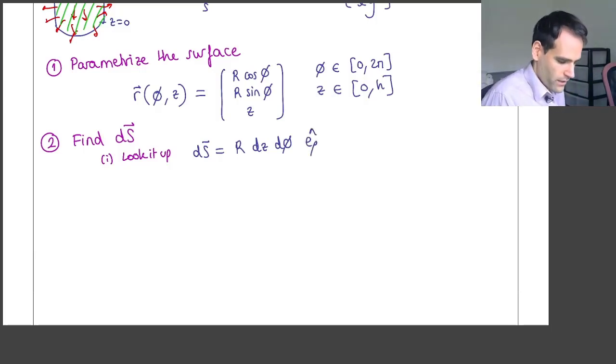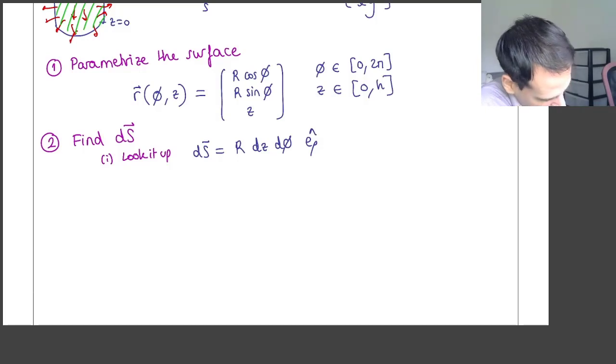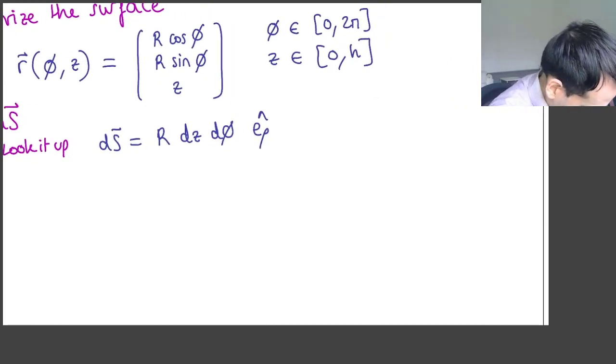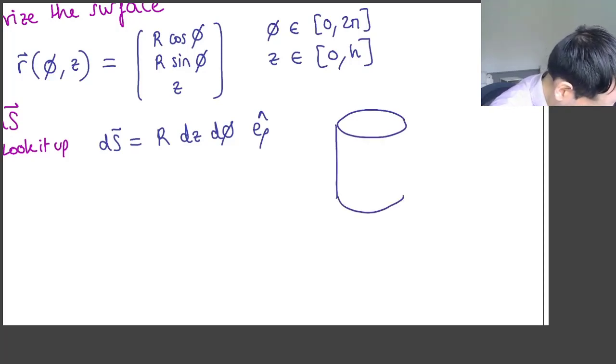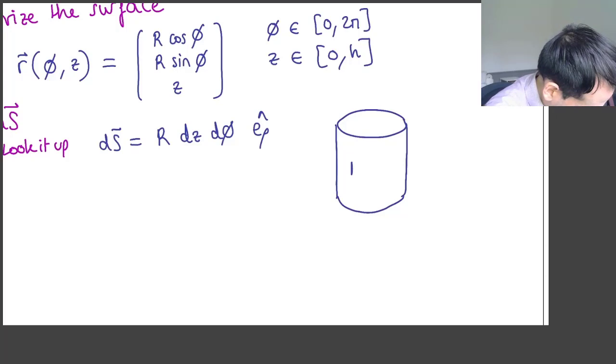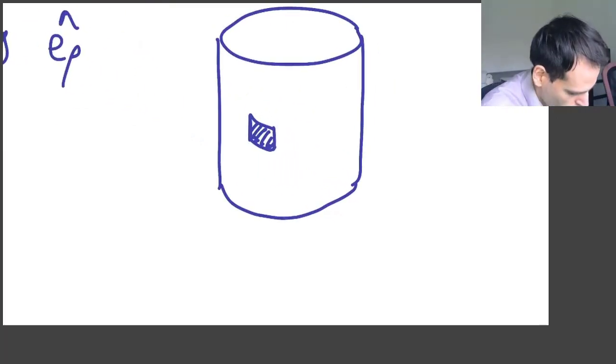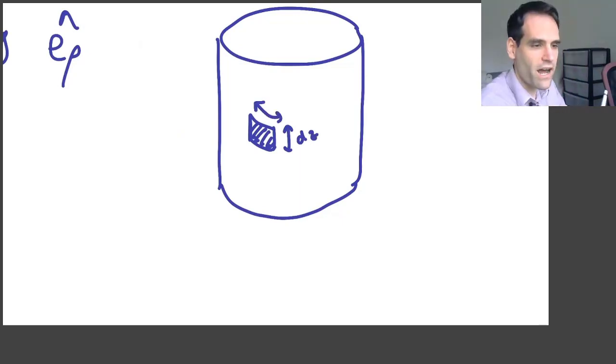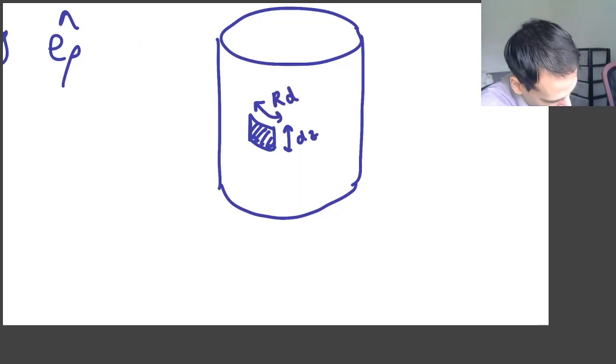Now, could you have found it by geometrical intuition? Well, of course, you can always find it by geometrical intuition. If you have the surface of the cylinder here, you select a small dS where you increase z by an amount dz as usual, and you increase the angle by an amount d phi. So this arc is r times d phi.